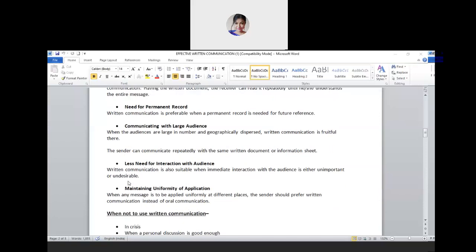Next is less need for interaction with audience. Everything is interrelated. You have to understand that all the points are interrelated. When you need to interact with the audience for only some time, you do not have to conduct a meeting or a seminar for that.